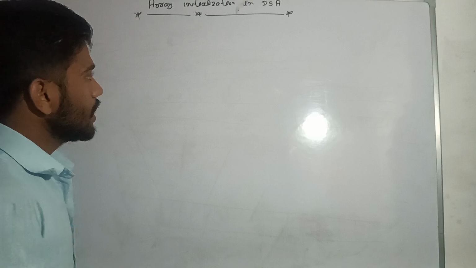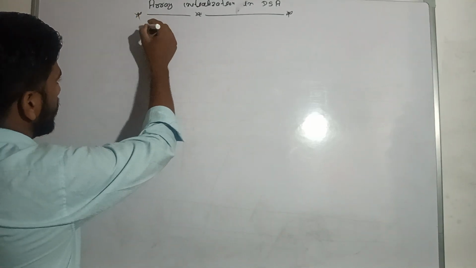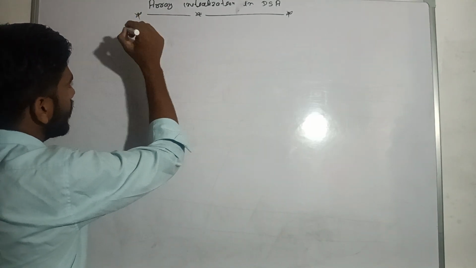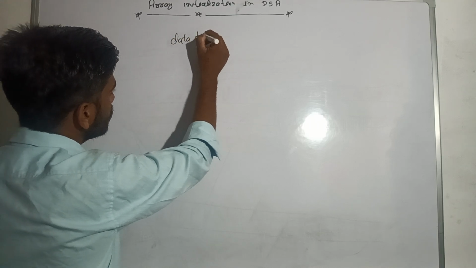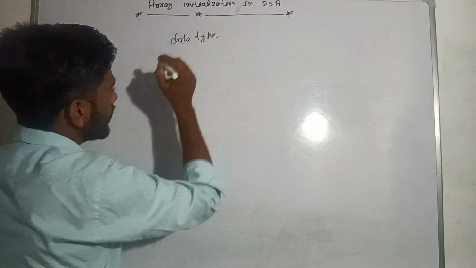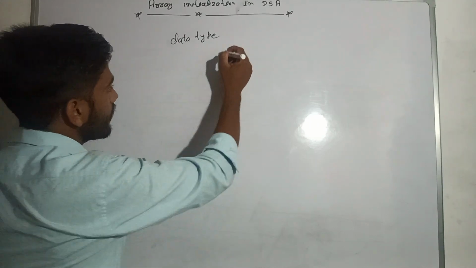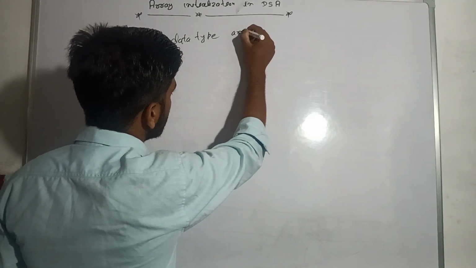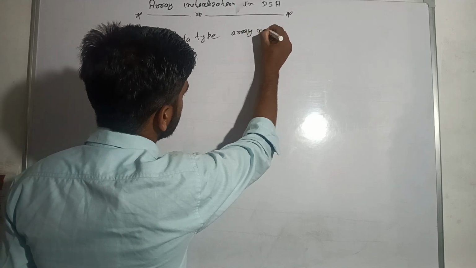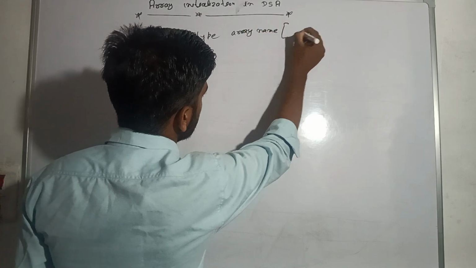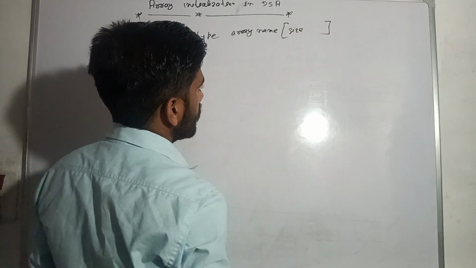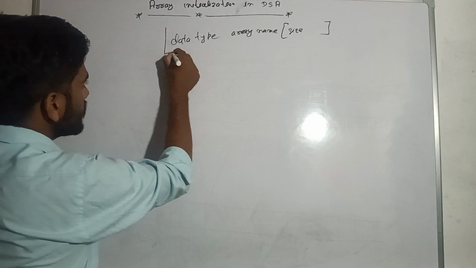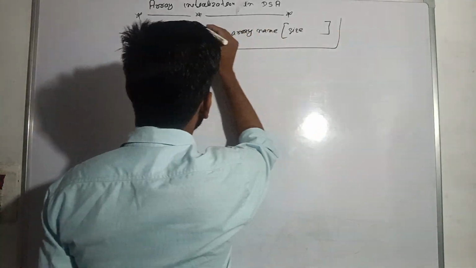Now we know the syntax of an array: first the data type, then the array name, then the size of the array. This is the syntax of an array.